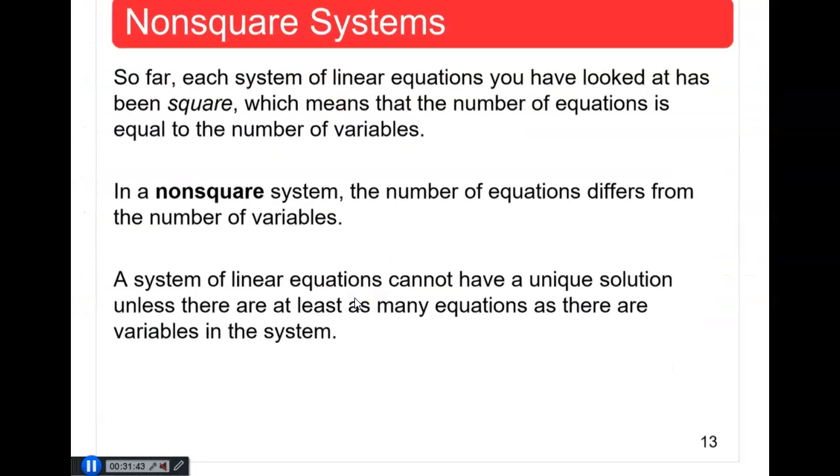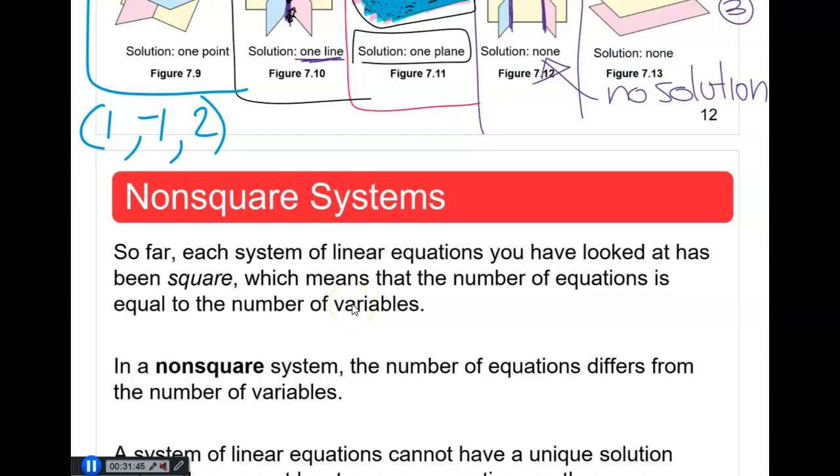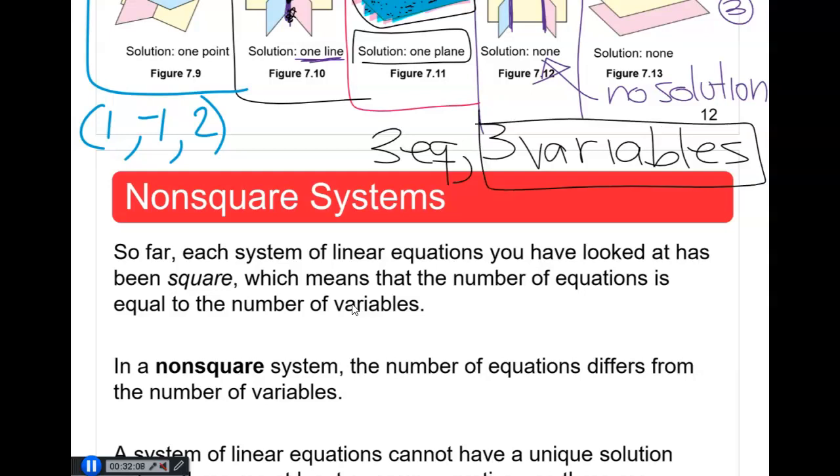Now, we've been talking about systems that have three equations and three unknown variables. And so you keep hearing me say 3 by 3. It's just like a habit. 3 variables. And so to get a numerical solution for 3 variables, you need to have at least 3 equations.